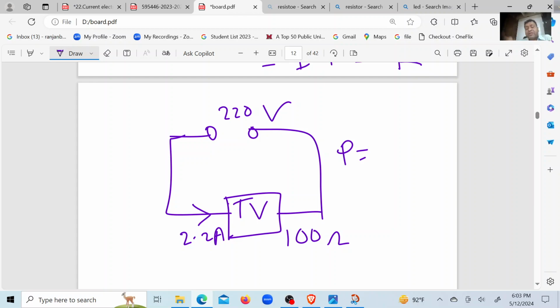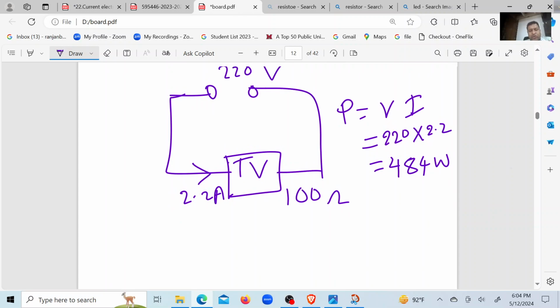The supplier supplies the power, supplies the energy. So what will be the power consumed by the TV? It will be 220 into 2.2, right? 220 into 2.2. 484 watt.